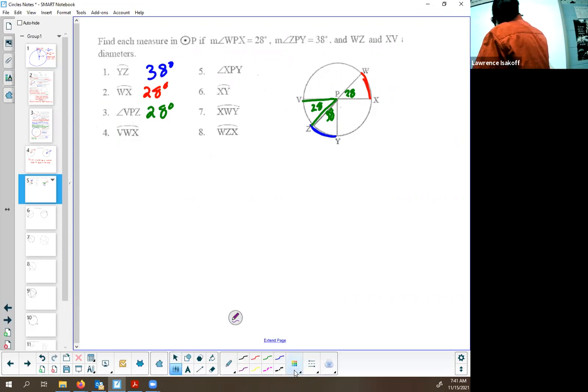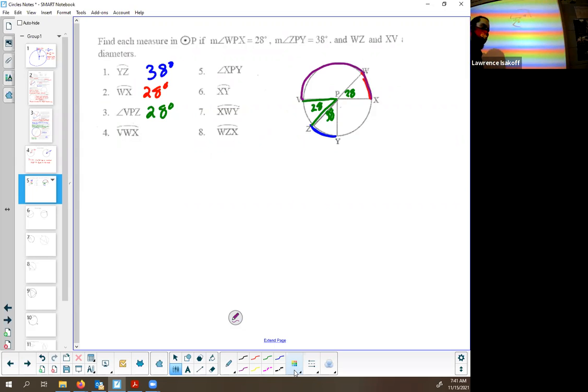Now we're looking at V to W all the way to X. VWX, what do you notice that makes? How much of the circle is that? Half. It's a semicircle. A full circle is how many degrees?